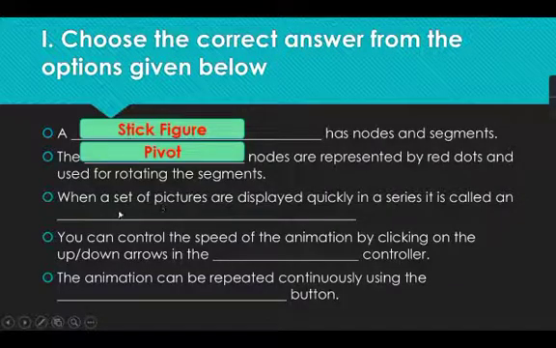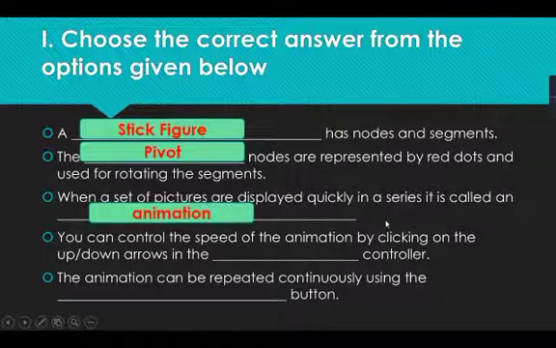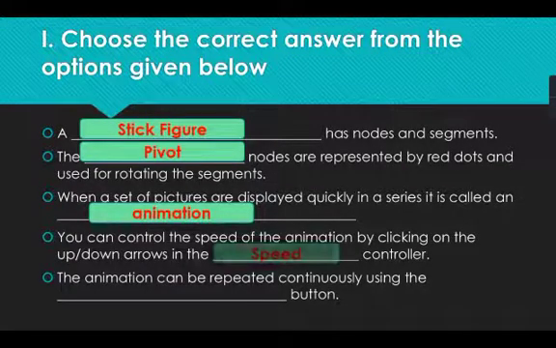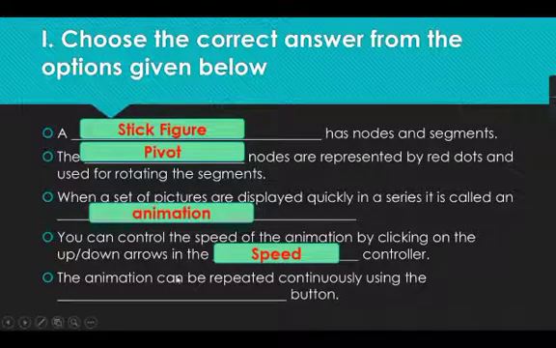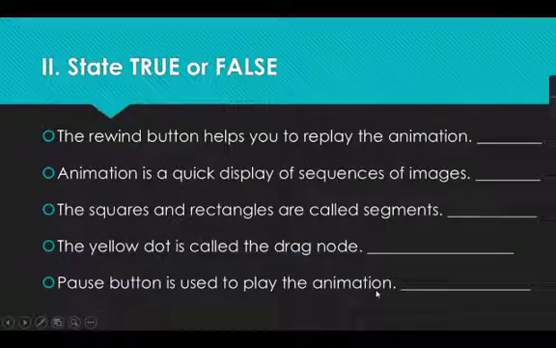Pivot. When a set of pictures are displayed quickly in a series, it is called an animation. You can control the speed of the animation by clicking on the up and down arrows in the speed controller. The animation can be repeated continuously using the loop button.